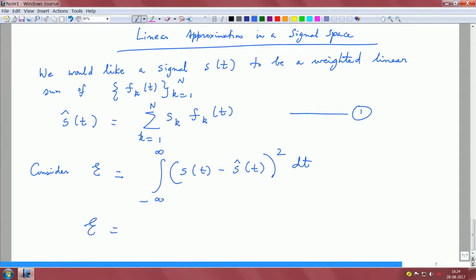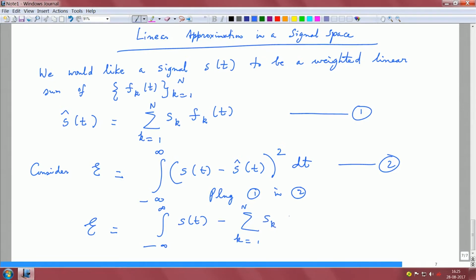So, E is basically integral minus infinity to plus infinity S of t minus, I just drop in, plug 1 in 2. So, when I plug 1 in 2, I have the summation k equals 1 to capital N Sk Fk of t. I take the square dt.